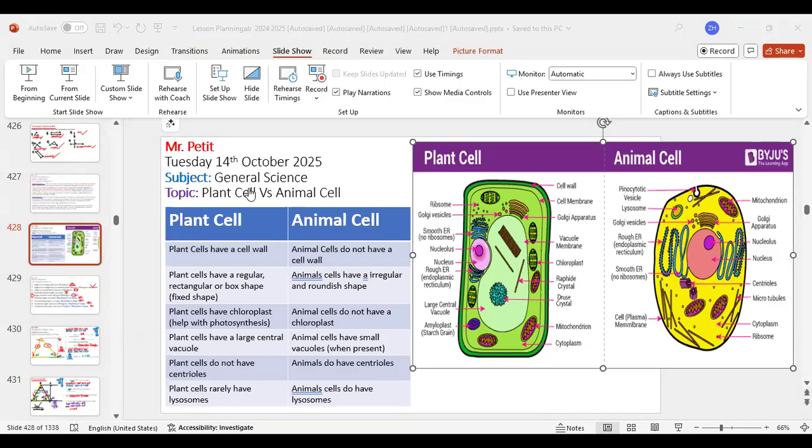Cell bursting is called, what do they call it? I'm looking now, cytolysis. That's what I was looking for. That's when the cell bursts, because of too much water.